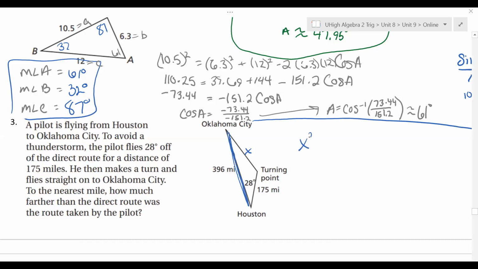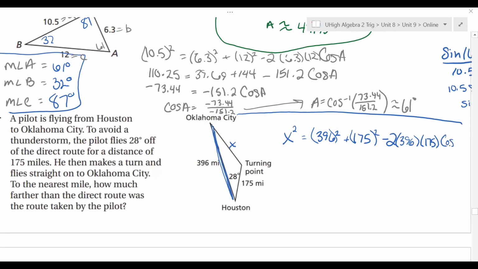So if I use my law of cosines, I'm going to have x squared equals one of my side lengths squared, so 396 squared, plus my other side lengths squared, so 175 squared, minus 2 times 396 times 175 times the cosine of the angle opposite of the side I'm solving for.